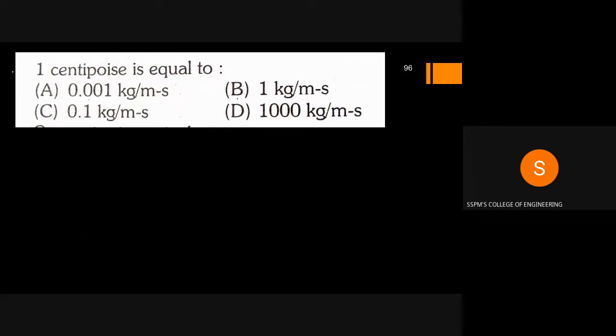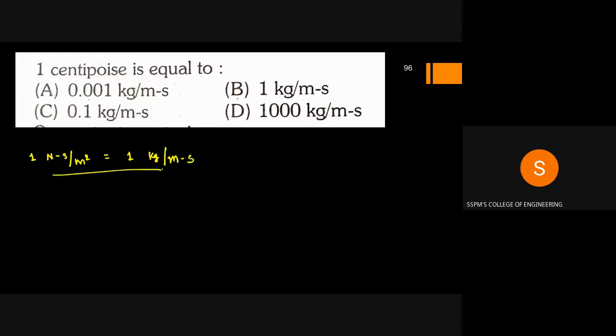Okay, next: 1 centipoise is equal to how many kg per meter second? What is kg per meter second? 1 Newton second per meter square is nothing but 1 kg per meter second.